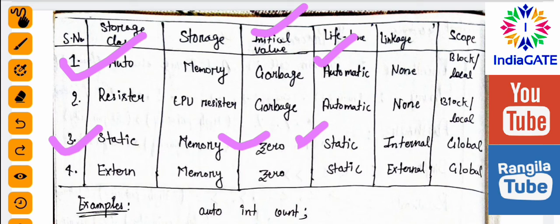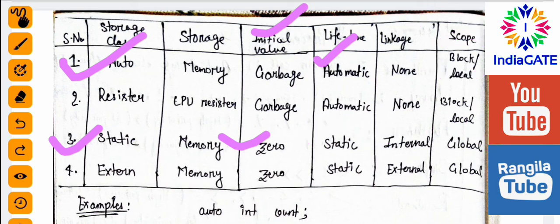The linkage is none, but in static the linkage is internal. Plus scope is block or local, but here global scope is used.